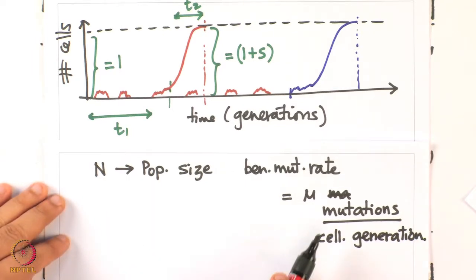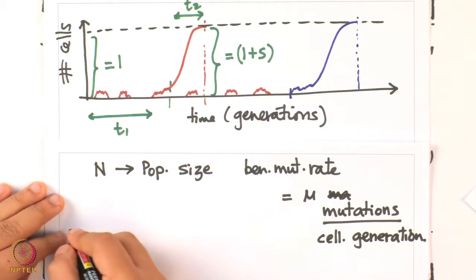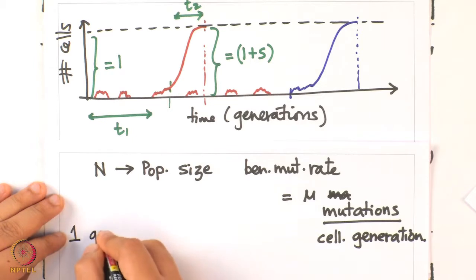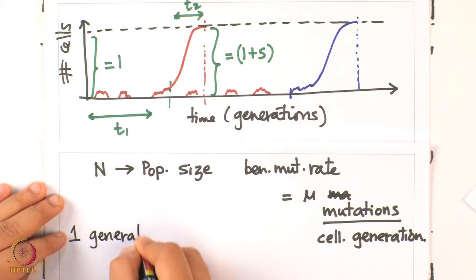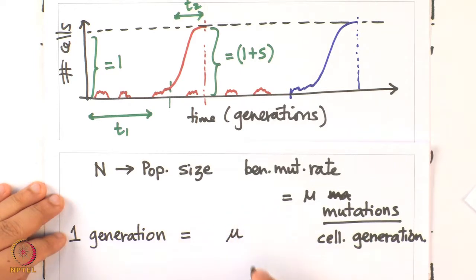What that means is that every time one cell divides once, which is one cell, one generation, the likelihood that a mutation arises is mu, which means in one generation, if there was one cell dividing, you have mu mutations occurring in the population.